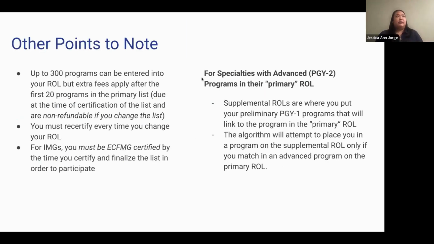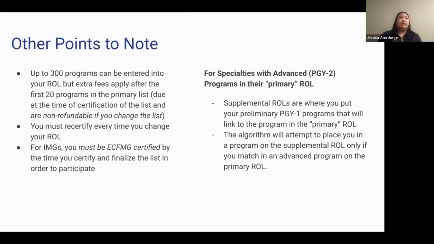So other points to note, it's really the first 20 programs in your primary list. The first 20 programs are free, covered by the fee that you already paid. And then there's an additional fee that's non-refundable, even if you change your list.